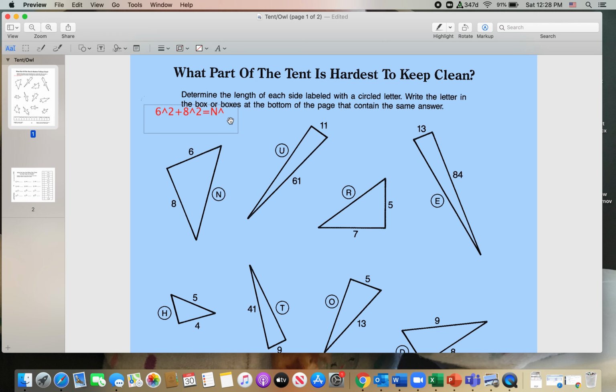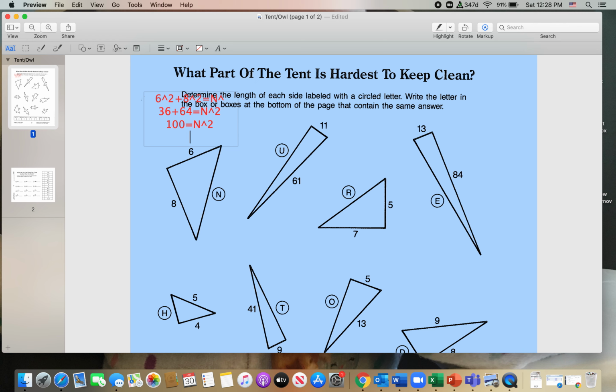And so 6 squared, 6 times 6, is 36, plus 8 squared, 64, equals still n squared. Then we add, and 100 equals n squared. And the opposite of squaring is square root.